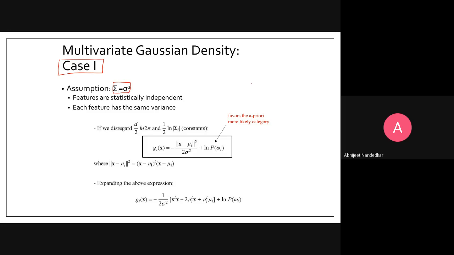So what it means is, you will see the covariance matrix looks like this. This is sigma 1 square, this will be sigma 12, this will be sigma 13, and this will be sigma 1d.